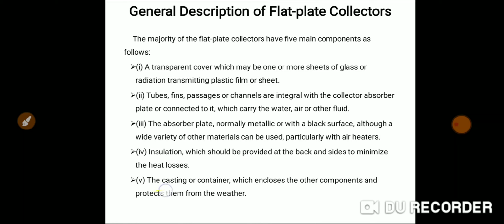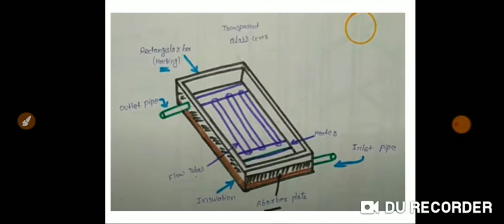Number 5 is casing or container, which encloses all other components and protects them from the weather. So this is your flat plate collector and solar water heater. I explained the various equipments that are present in this solar water heater or solar plate collector.